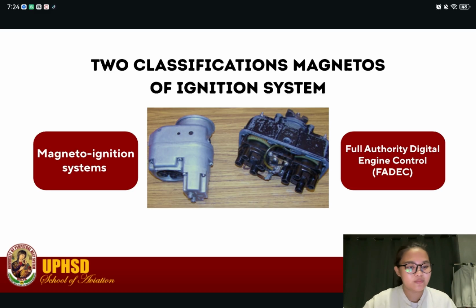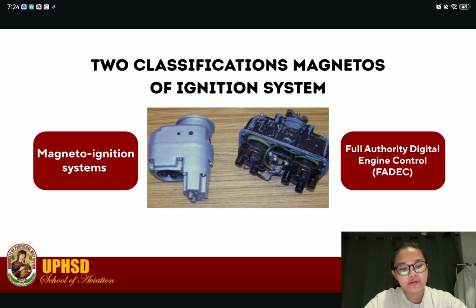The magneto system works mechanically and generates its own electricity. It sends spark to the spark plugs based on fixed timing, and it doesn't rely on the aircraft's battery or any electronics. So it keeps running even if the electrical system fails.